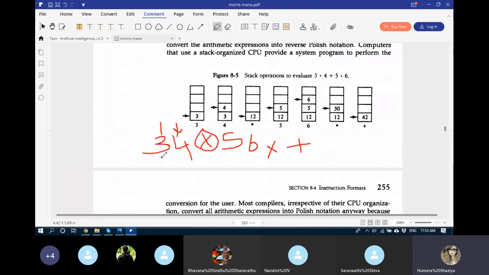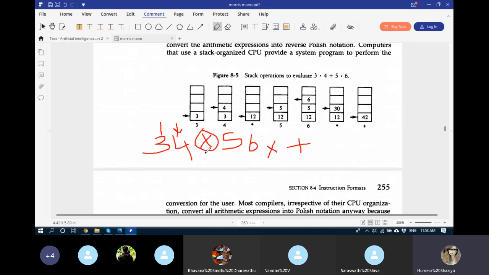So whenever it encounters an operand, it performs push operation. Whenever it encounters an operator, it performs pop operation. So 3 is operand, push; 4 is operand, push; asterisk is operator, pop.